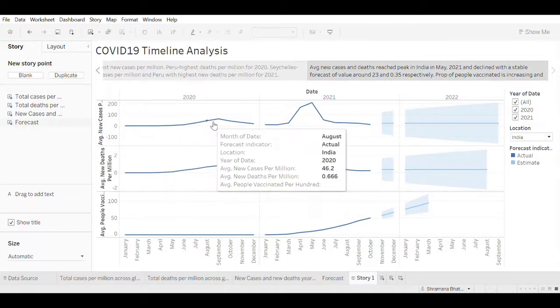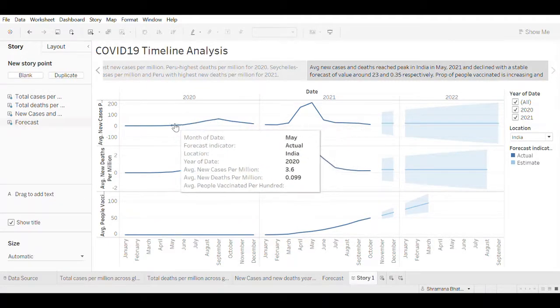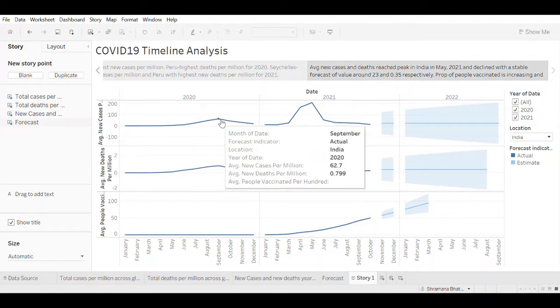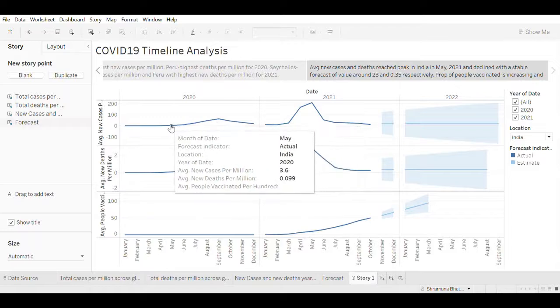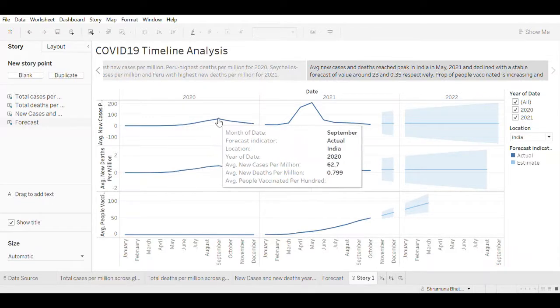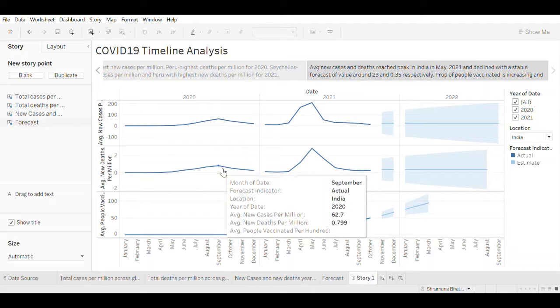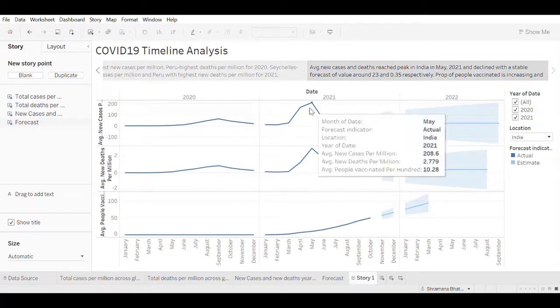We know that in 2020 when COVID was coming, people were so worried about it, and then it actually struck us hard around September. The lockdown happened much before that, but September reached a very high peak of average new cases, that is 62.7, with a very high death rate also, around 0.799.